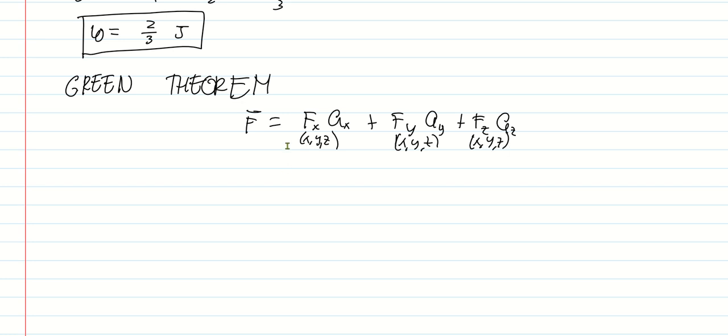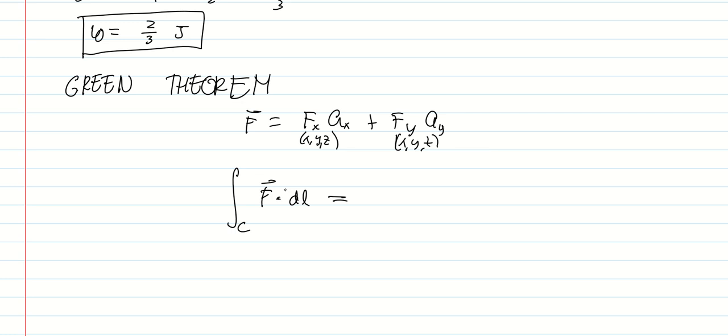Now, to use Green theorem, if we take the integral along a certain path of that vector dotted with the differential length along that path, then Green theorem says this is equal to, in the xy plane just like what we did, F_x a_x plus F_y a_y.